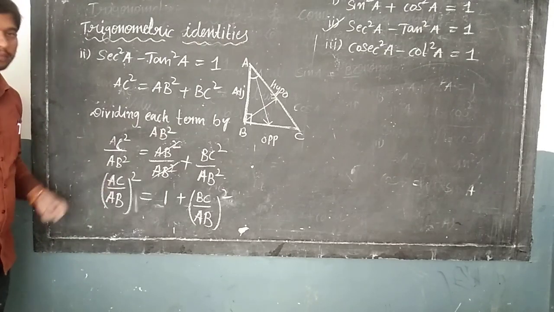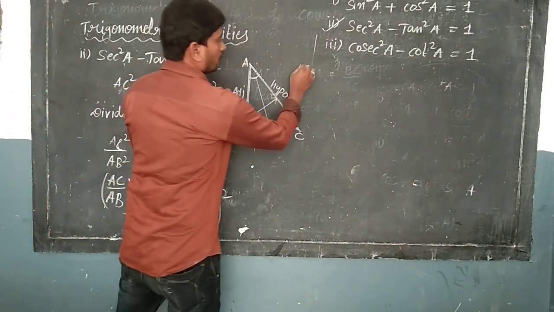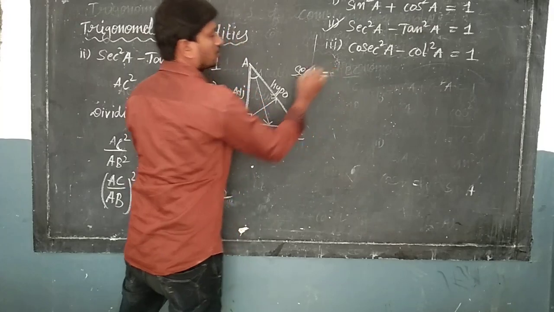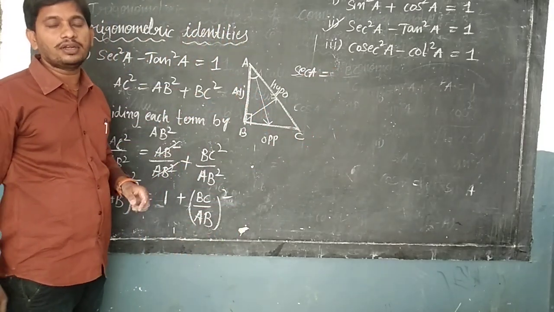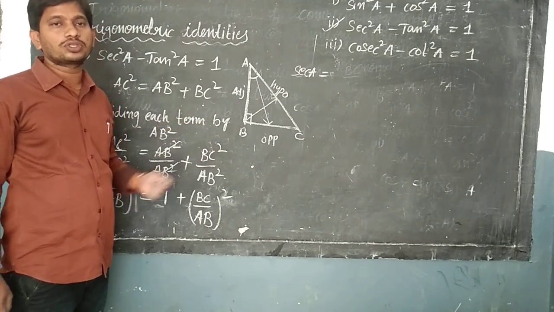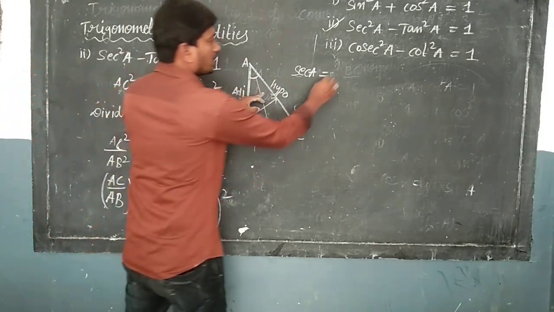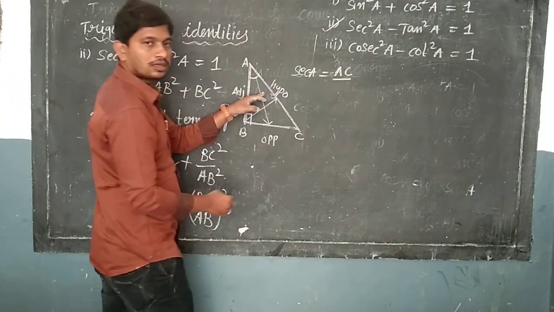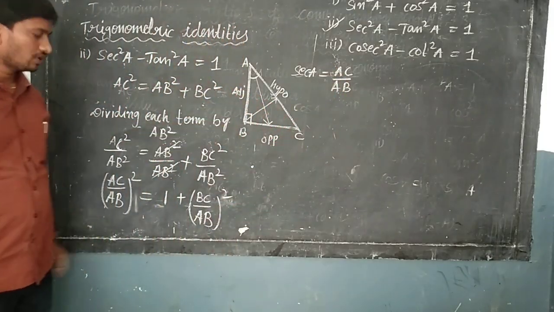Okay, we got AC by AB. Let me find out what the sec ratio is. What is sec A? Sec A is the reciprocal of cos. Cos is adjacent by hypotenuse, so sec is hypotenuse by adjacent. Hypotenuse is AC and adjacent is AB.